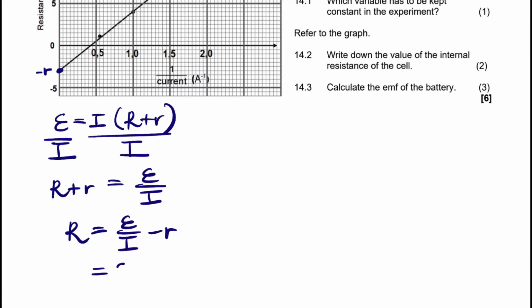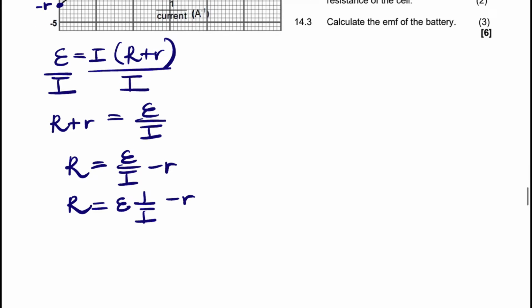So that means the E here, if I change that and say minus r, okay, this is going to be Y, and your E, which is your EMF, is going to be your gradient, and this is going to be your X. Do you see it's 1 over current?